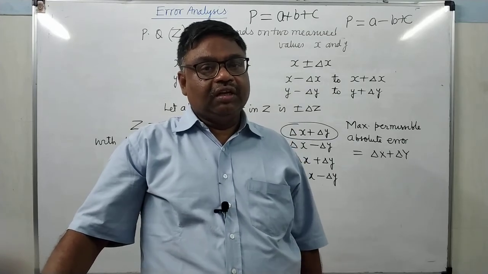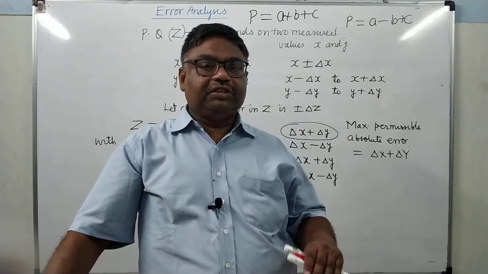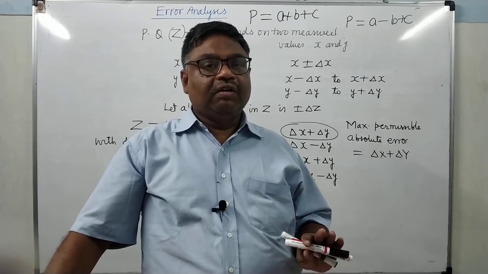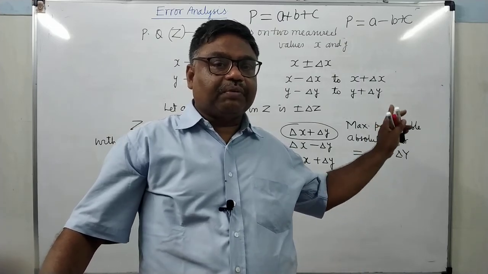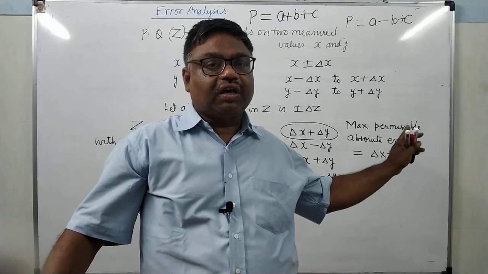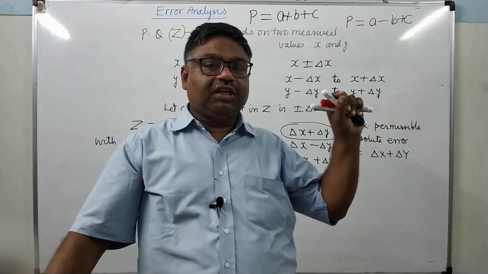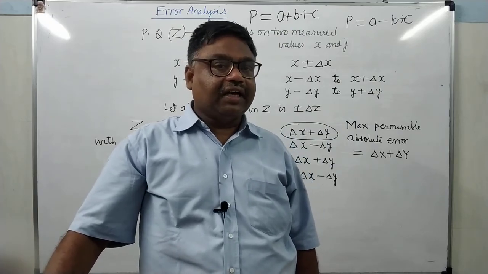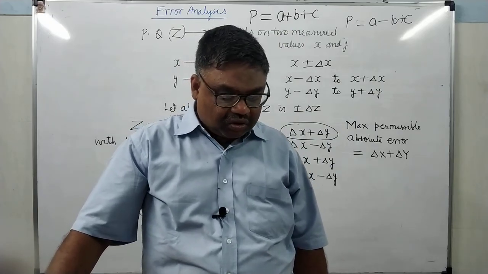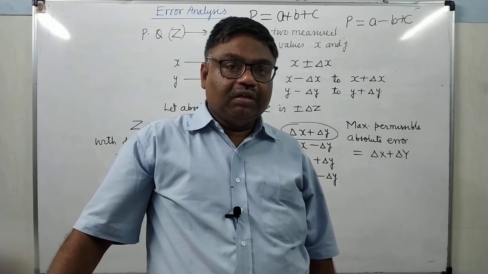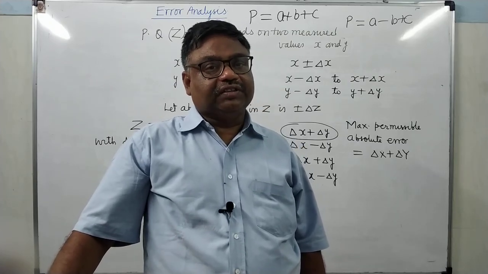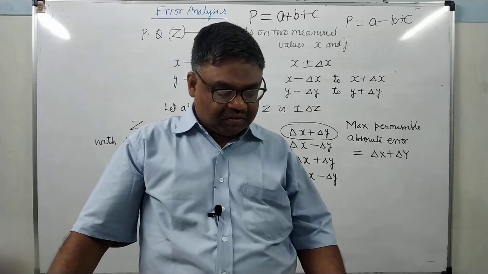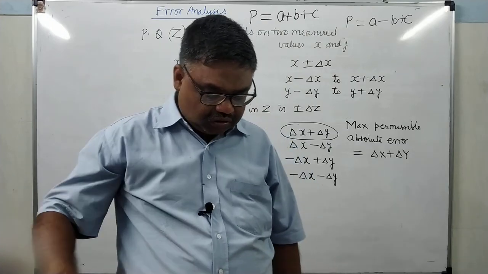It is clear? चाहे उन measured values को ऐड किया गया हो या सब्ट्रैक्ट किया गया हो, फाइनल रिजल्ट में मैक्सिमम परमिसिबल एब्सोल्यूट एरर फाइंड आउट करने के लिए सभी measured values की एब्सोल्यूट एरर्स को ऐड किया जाएगा. So now we will do the remaining part of this in the next lecture. It's clear? So thank you.